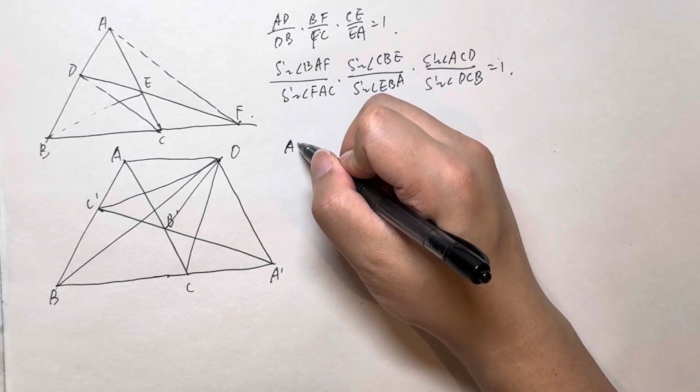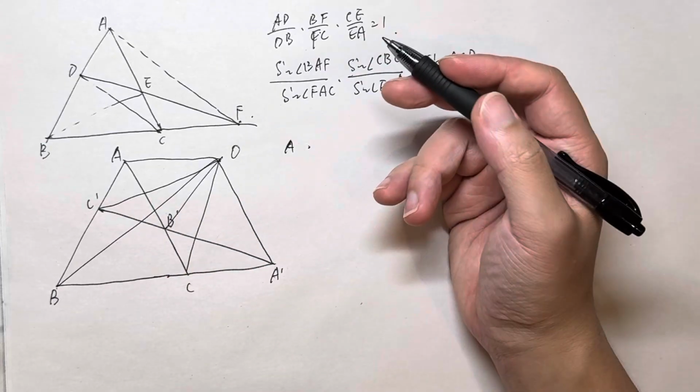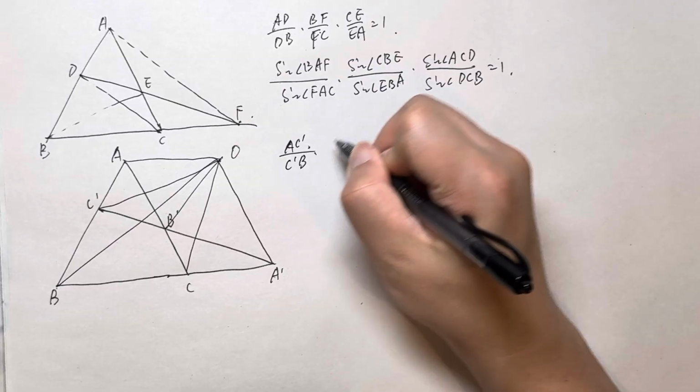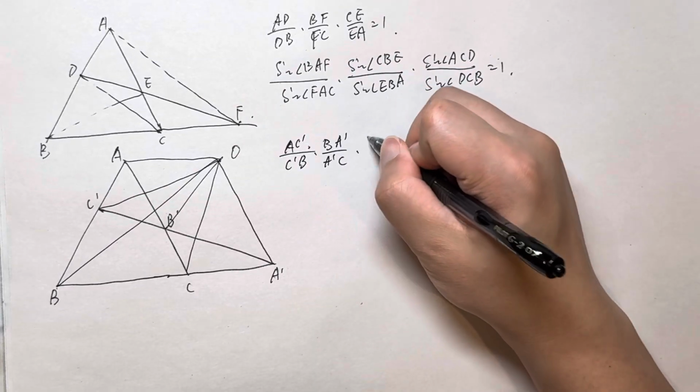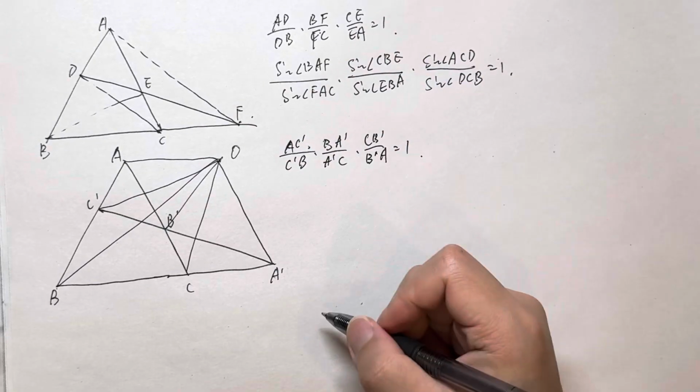Because we already know that C prime, B prime, A prime are collinear if and only if AC'/C'B times BA'/A'C times CB'/B'A equals 1.